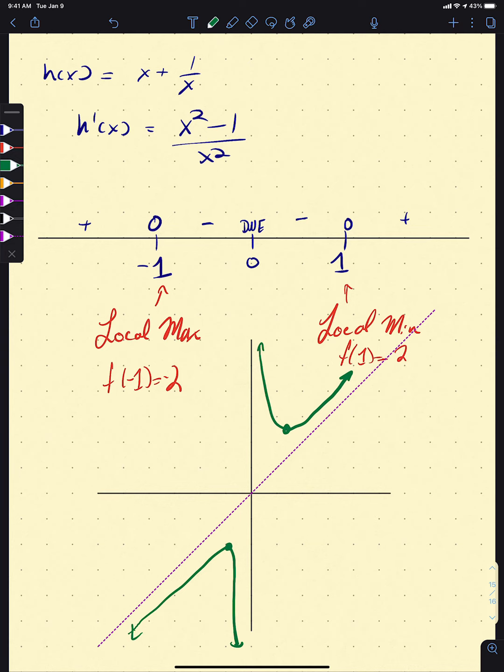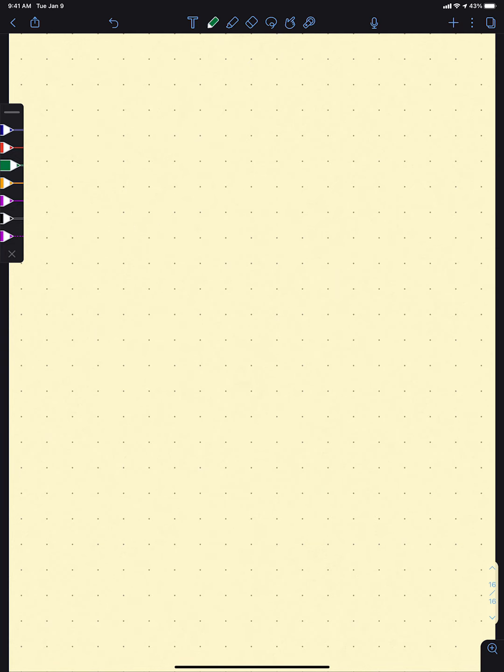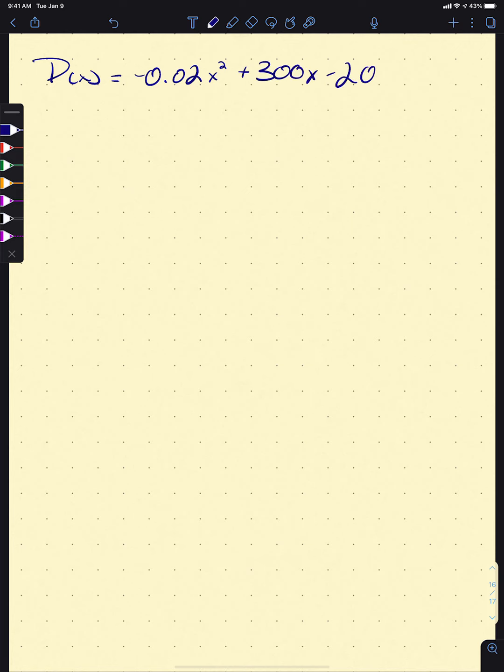We can turn our attention now to something with a little bit more, I guess, practicality, and that's profit functions, right? Say you have some profit function negative 0.02 x squared plus 300x minus 20,000, right?